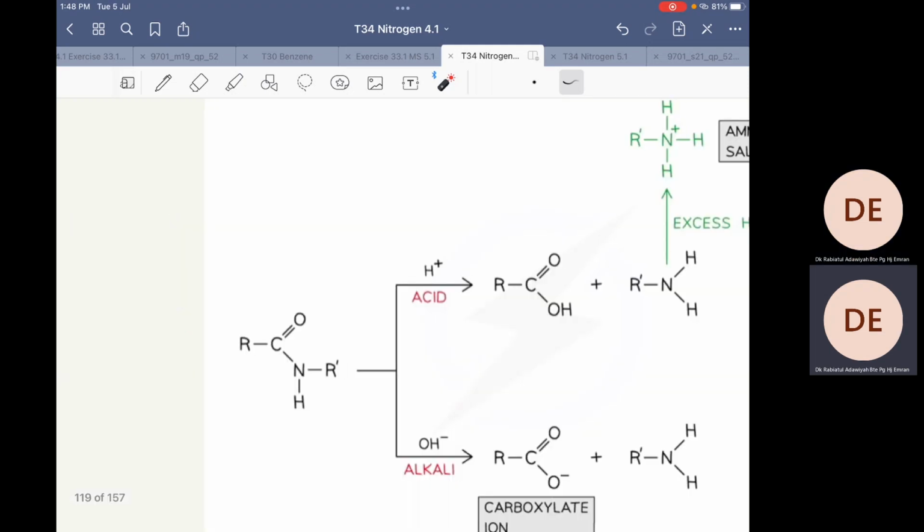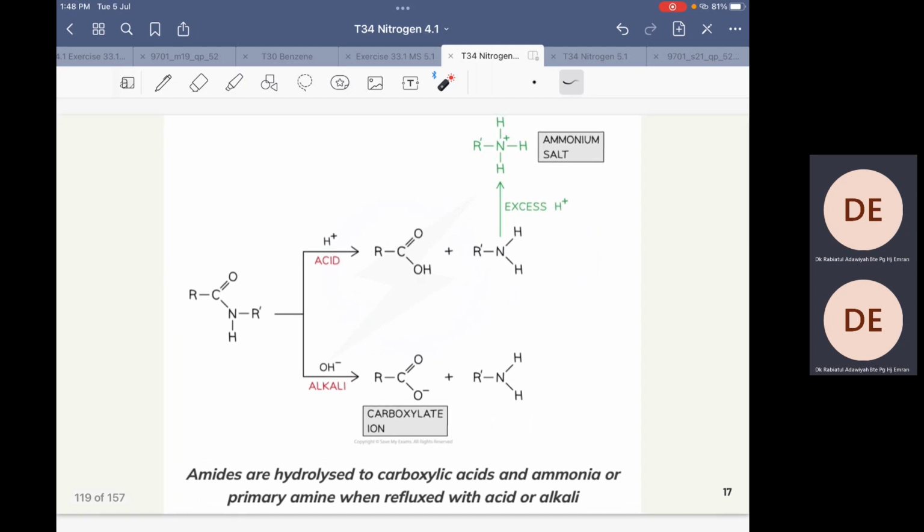Okay? Right, here is a summary of what we were just looking at. This works for a primary amide. It works for a secondary amide. Same thing, in acidic condition, you will hydrolyze the amides into a carboxylic acid and ammonium, because it's in an acidic condition.